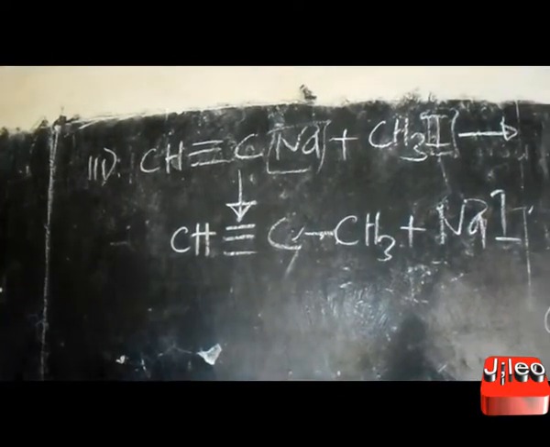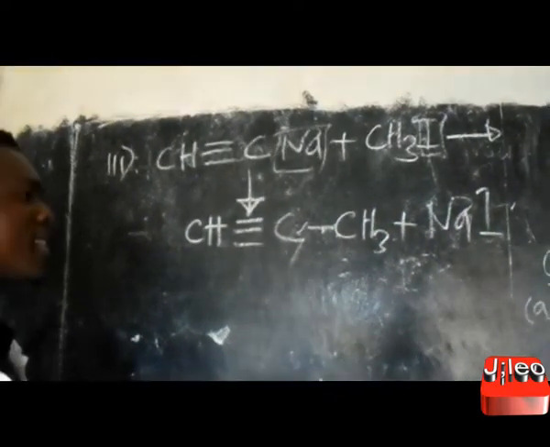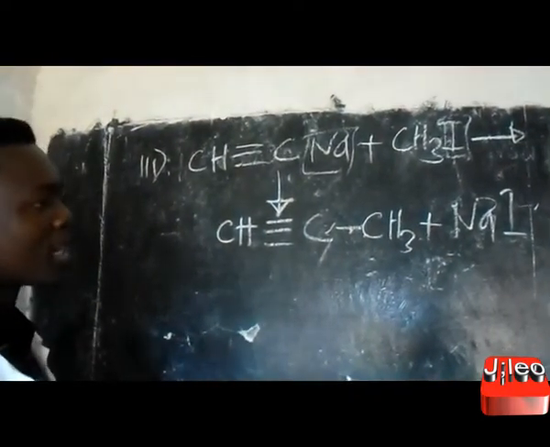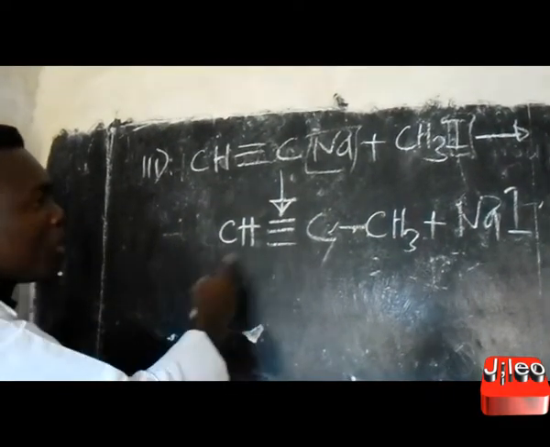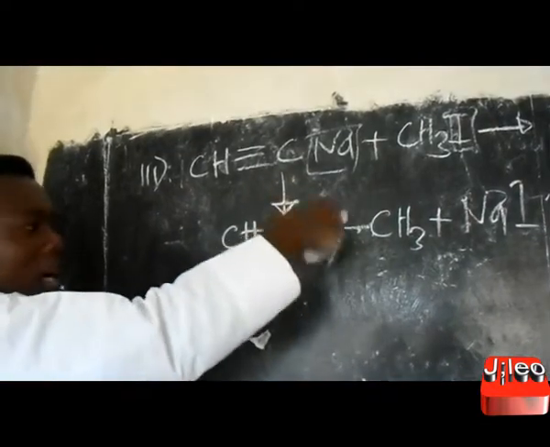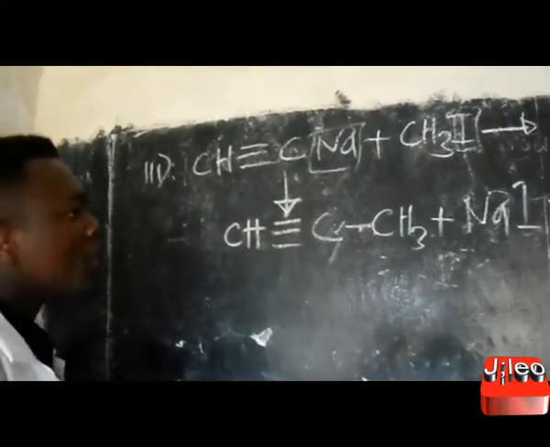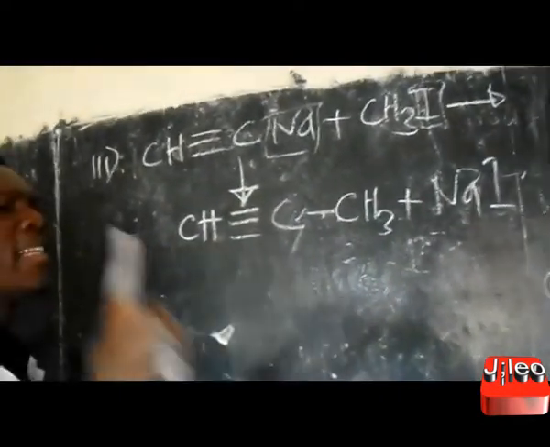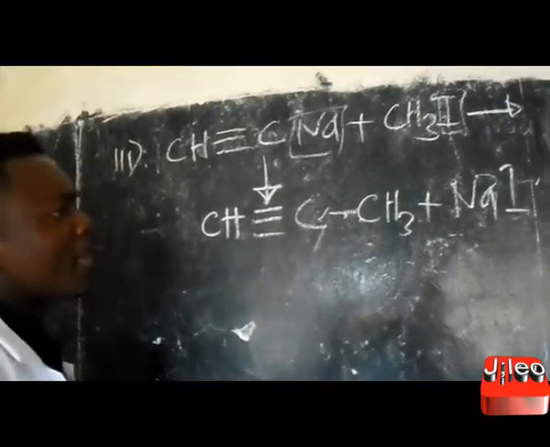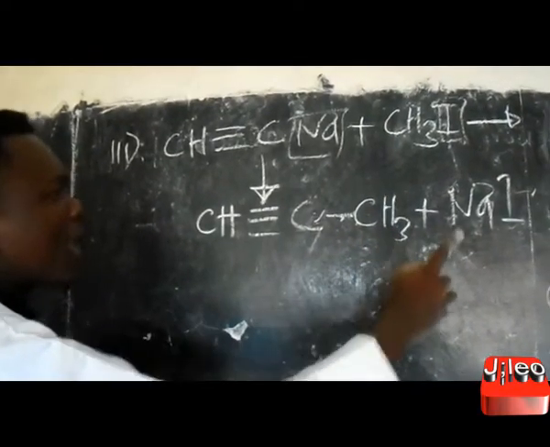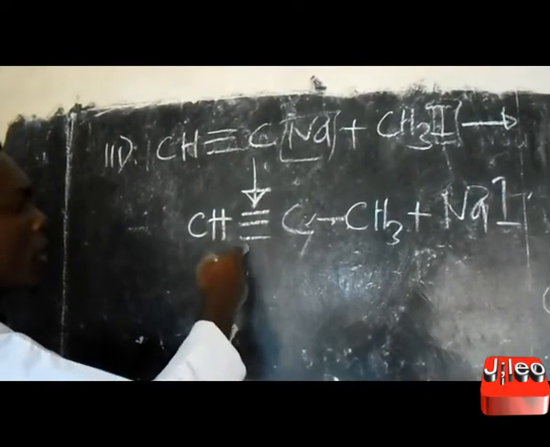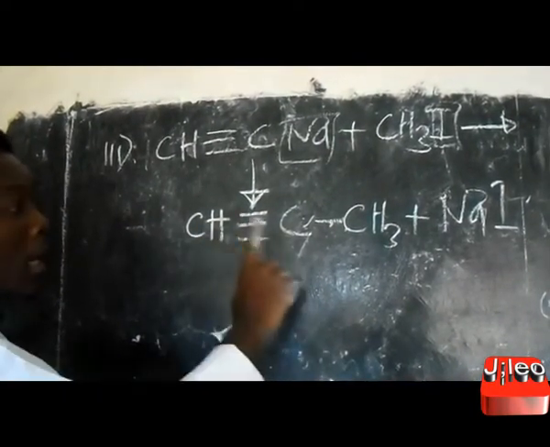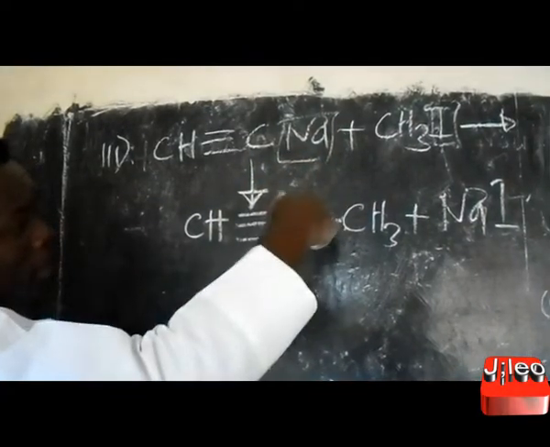For the nomenclature, we have to look for the longest chain. When we come to the longest chain, we have to start on this side because it is near the functional group, which is a triple bond. It is strictly prohibited to start numbering from the place which is farther from the functional group.